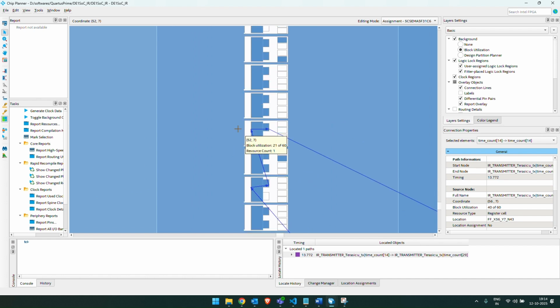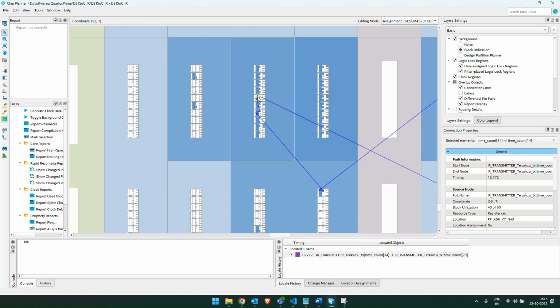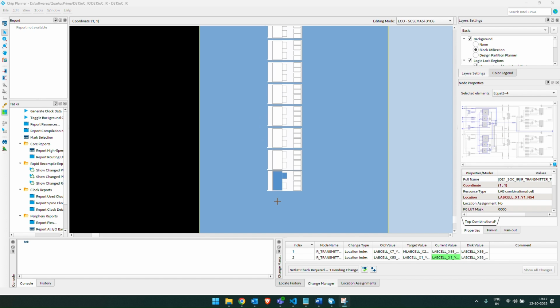What we'll do is move this to X1, Y1, and we'll see how our maximum frequency and delay change. Now we have moved the LAB combinational cell to the X1, Y1 coordinate. Now let us resynthesize it and see how it has affected our delay.